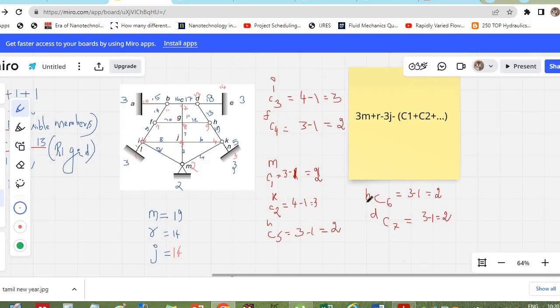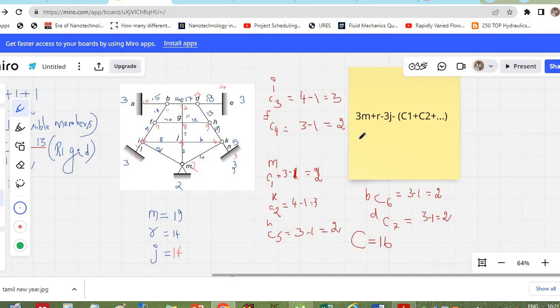So we will add all these values up to C7: 3 plus 2 is 5, plus 2 is 7, plus 3 is 10, plus 2 is 12, plus 2 is 14, plus 2 is 16. So C equals 16.